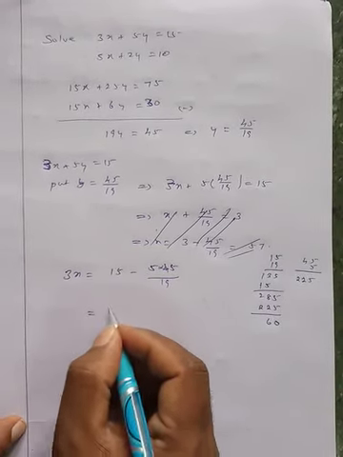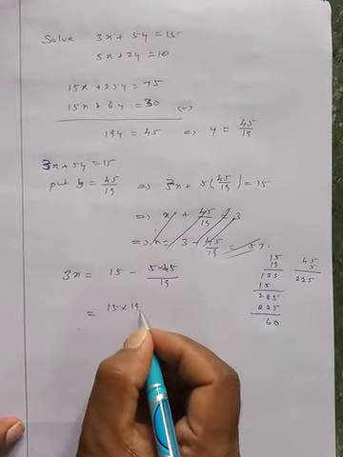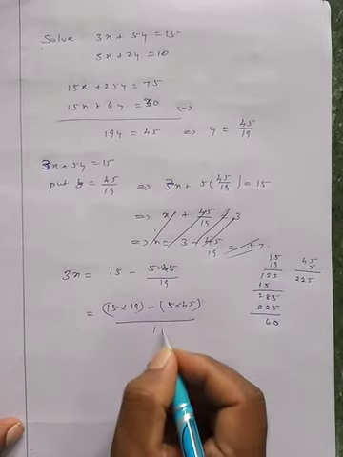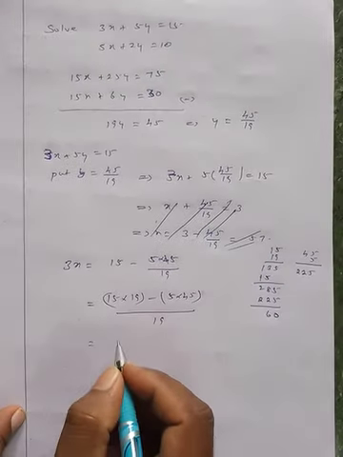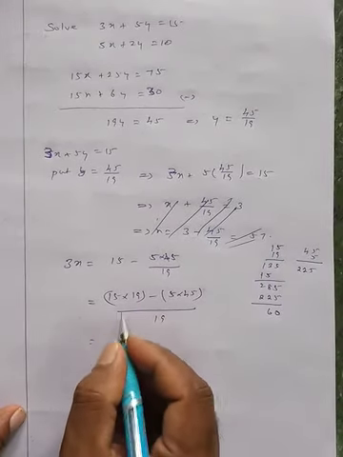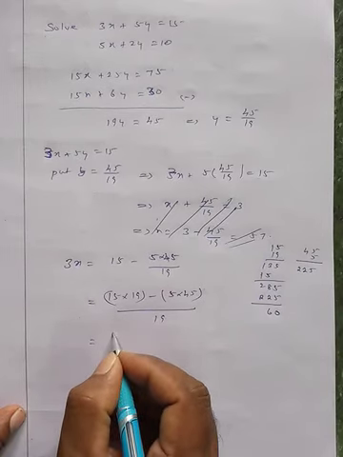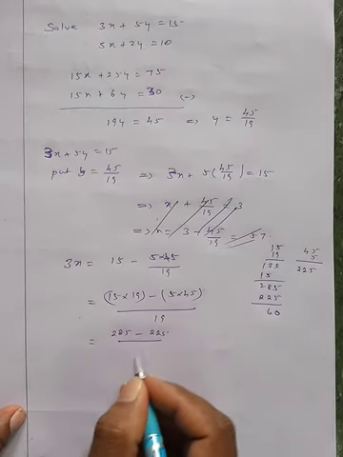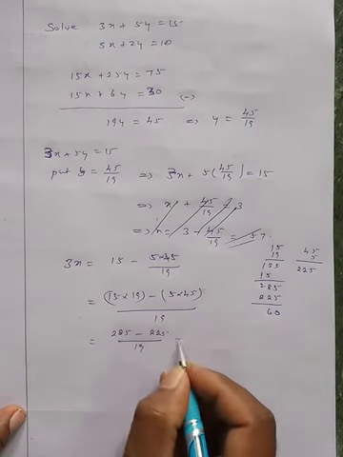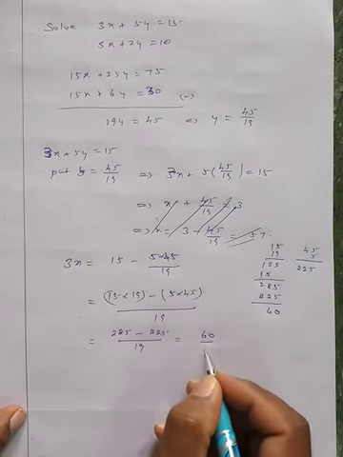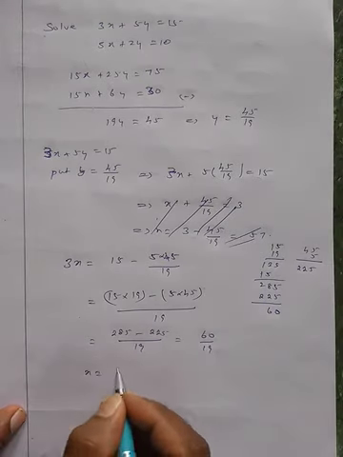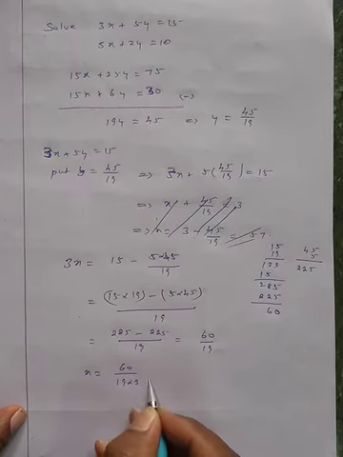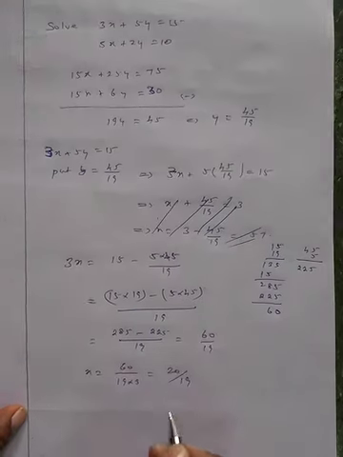Now this is equal to 15 into 19 minus 5 into 45, the whole divided by 19, is equal to 285 minus 225 by 19, is equal to 60 by 19. Then x is equal to 60 by 19 divided by 3, is equal to 20 by 19.